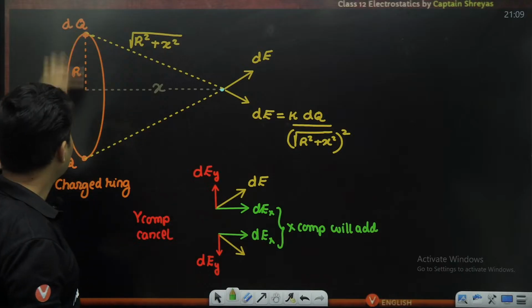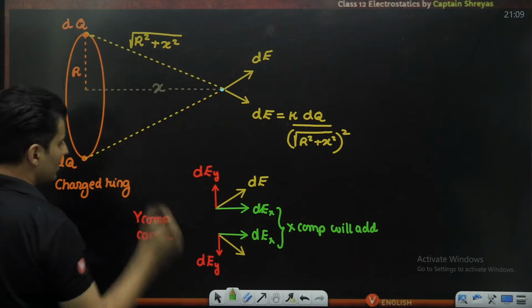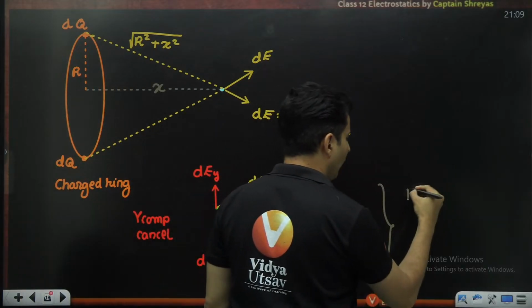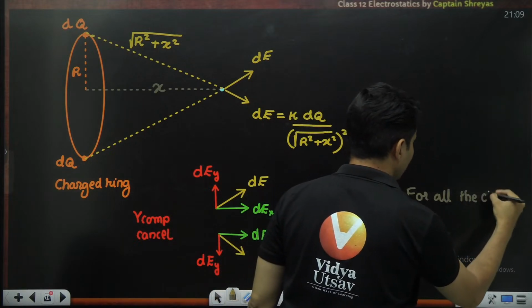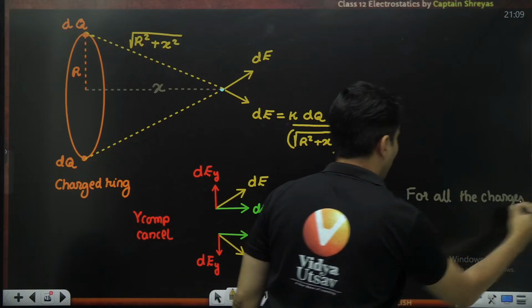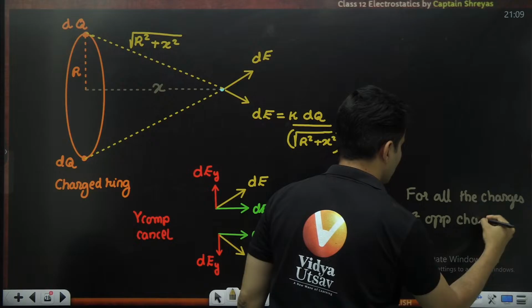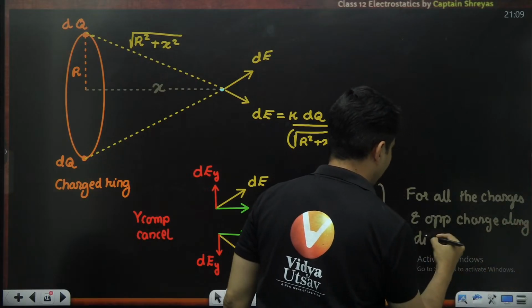Very good. Now, this is not just true about these two charges, but any two diametrically opposite charges. So this is true for all the charges and their opposite charge along the diameter.